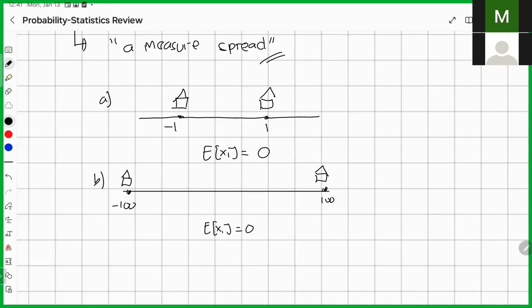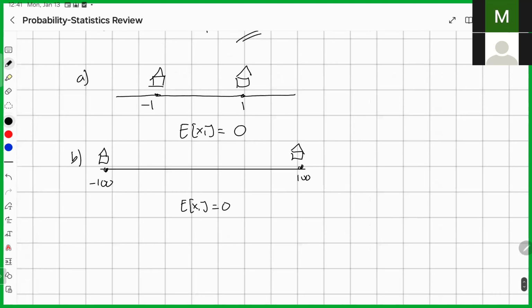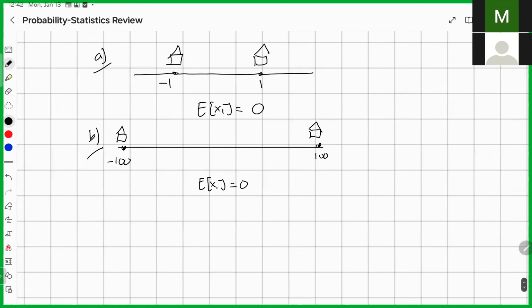So we have to find a metric that can help us to describe that the spread of these two variables, between case A and case B, is different. It's totally different. And the way to do this is by using the variance.